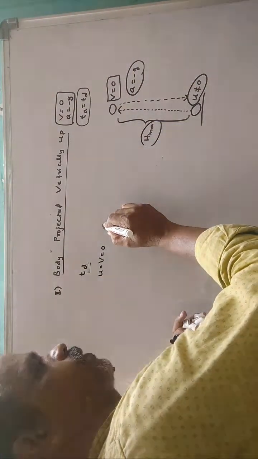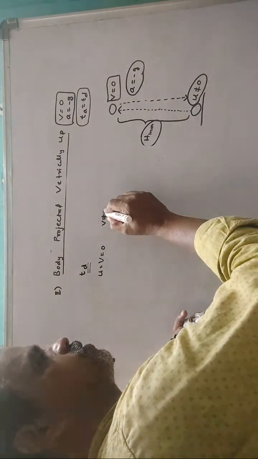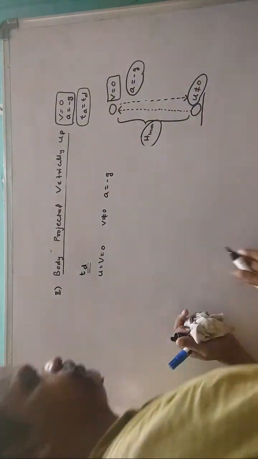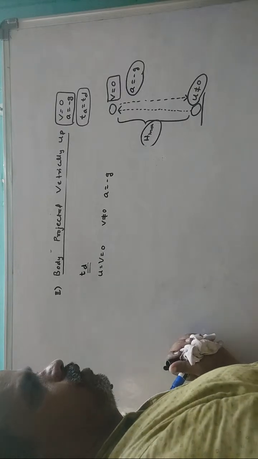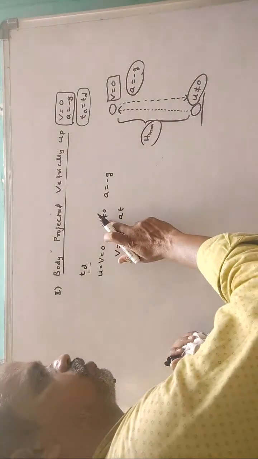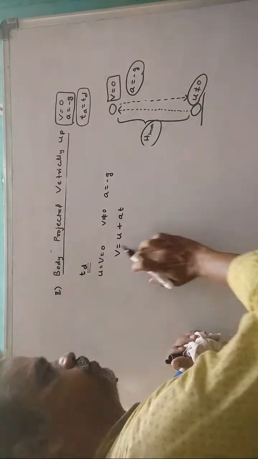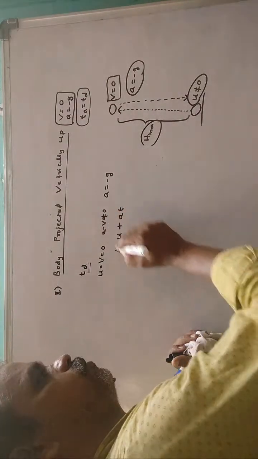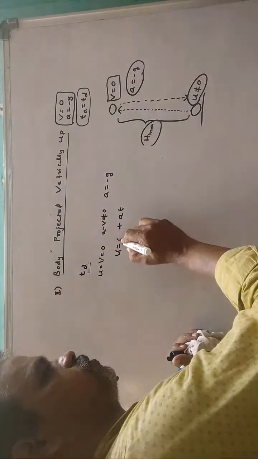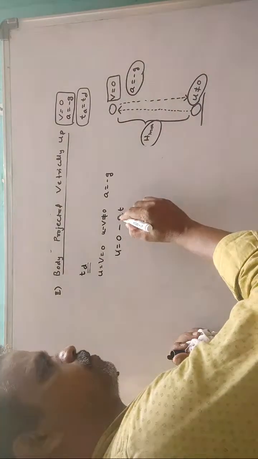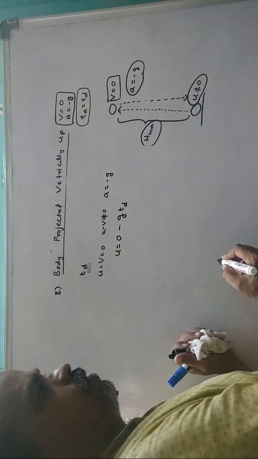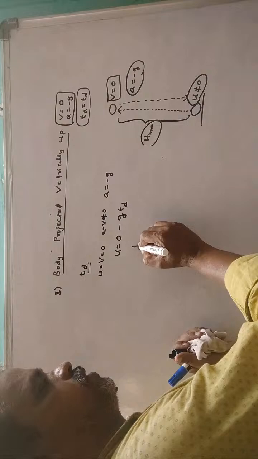Then the final velocity is v, not equal to 0. Then a equals plus g. Using v equals u plus at, this is Td.